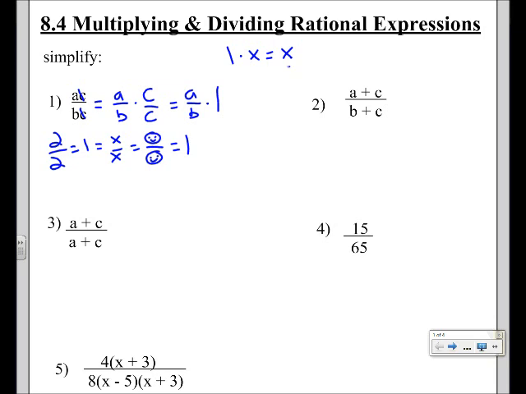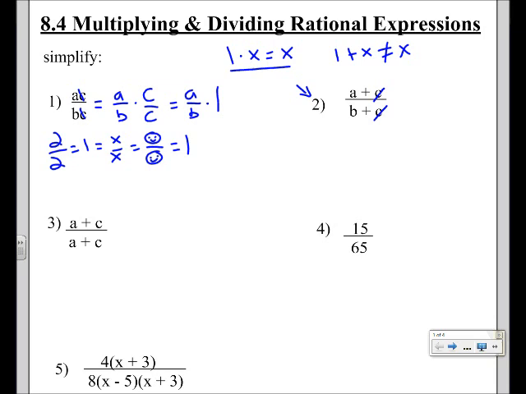Okay, so if 1 times anything equals anything, what we have over in number 2 is two quantities that we're adding together. Now, 1 plus x does not equal x. So when we are adding quantities together, we can't use this same logic. That's a big problem a lot of people have when they start looking at rational expressions like this, is they want to start canceling C's.